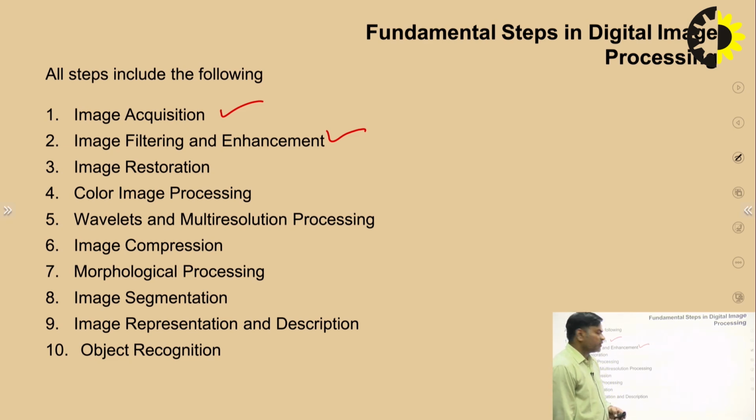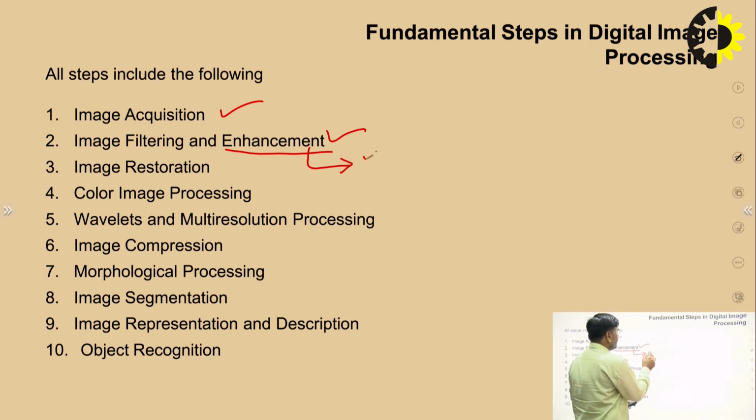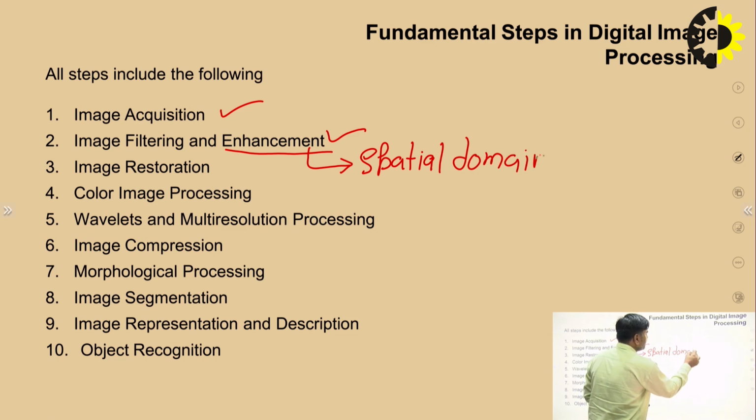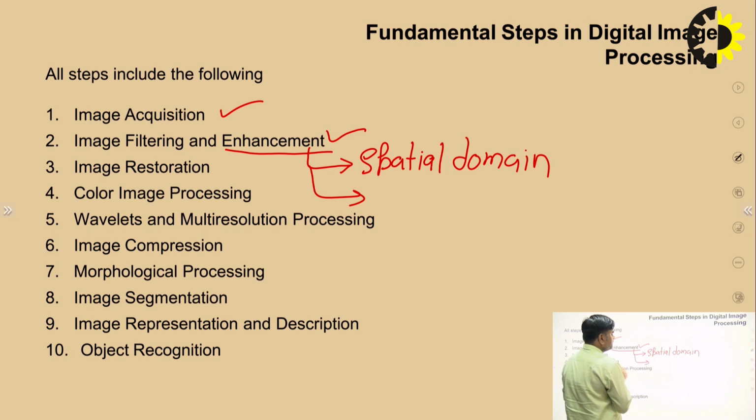And if we talk about enhancement, as I discussed before, enhancement is basically of two types: first is enhancement in the spatial domain, and second is enhancement in the frequency domain.